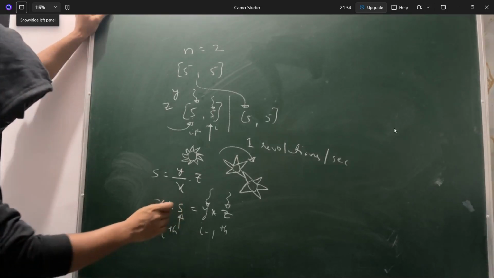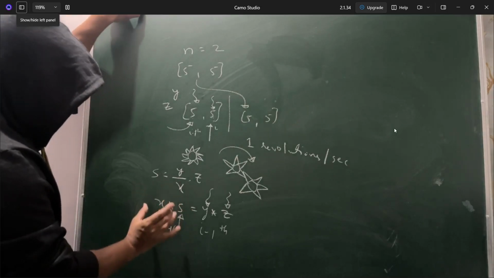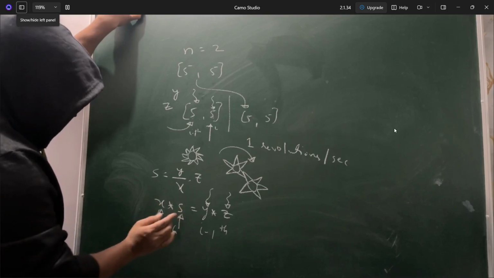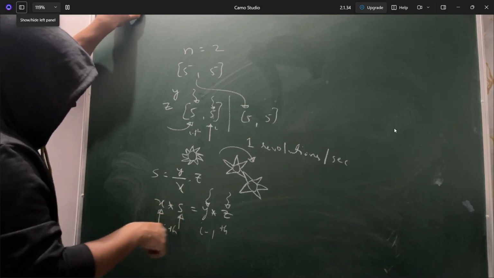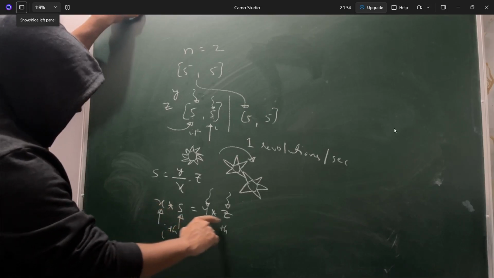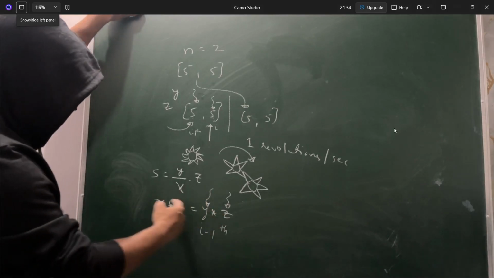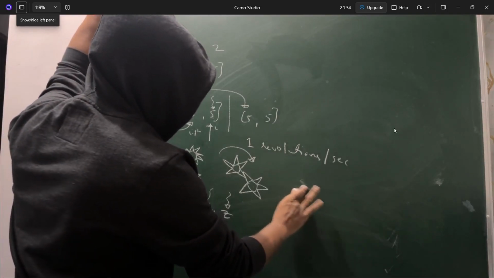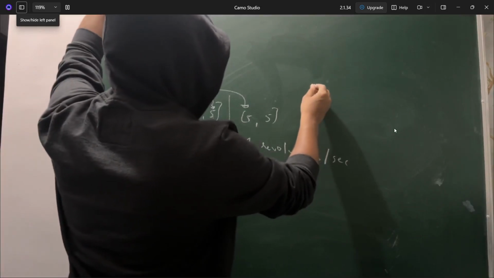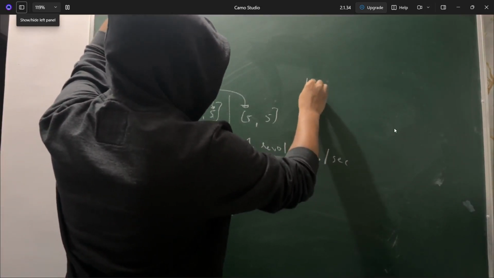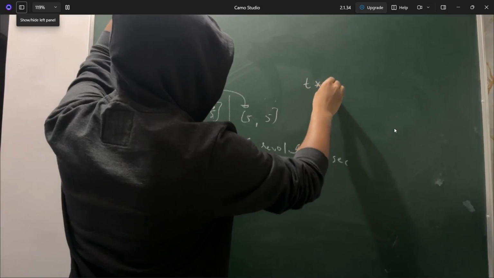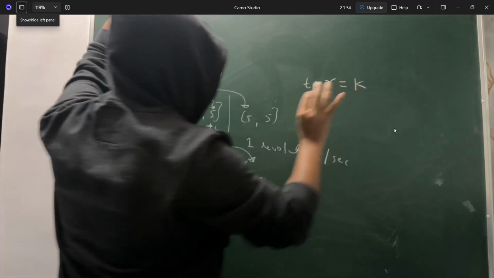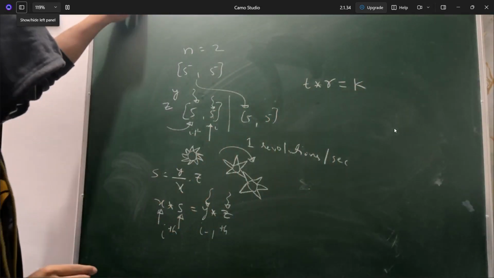Since this is true for every gear, the number of teeth into its revolution, these multiplications are equal according to the question. So if they are equal, you can generalize and write it as number of teeth, let me call it t, into revolutions, let me call it r, is equal to some constant k.